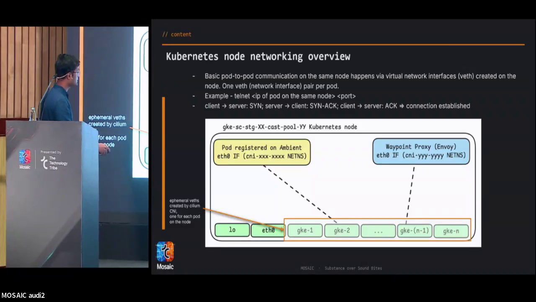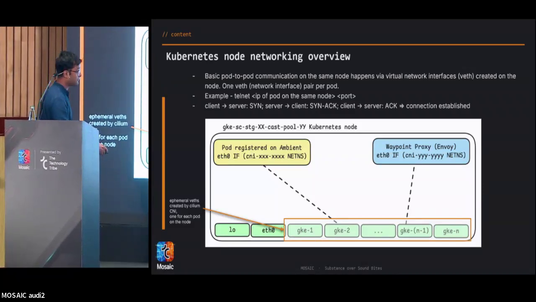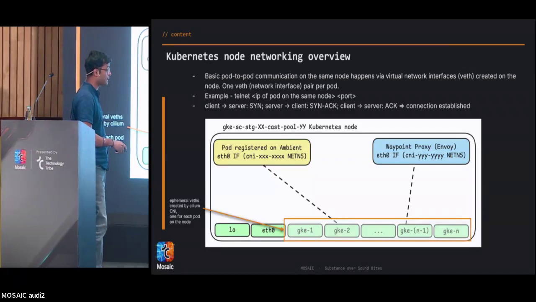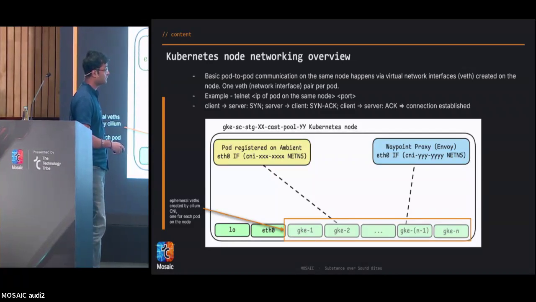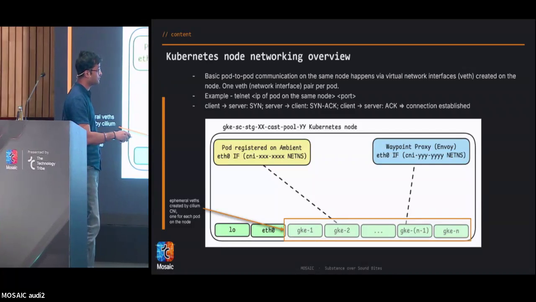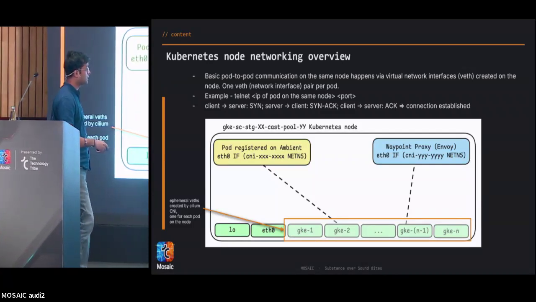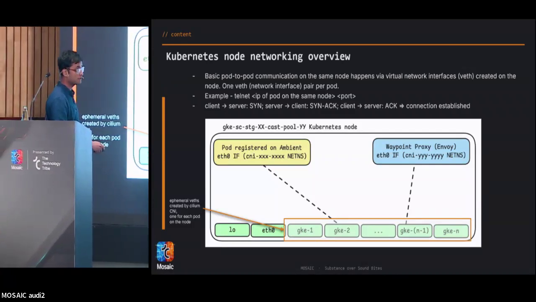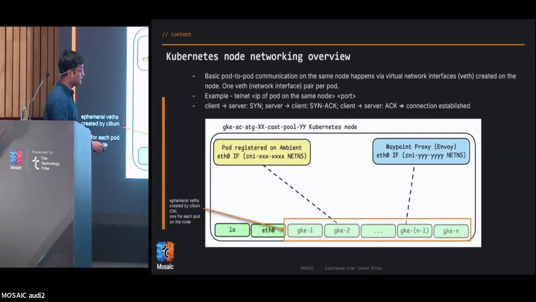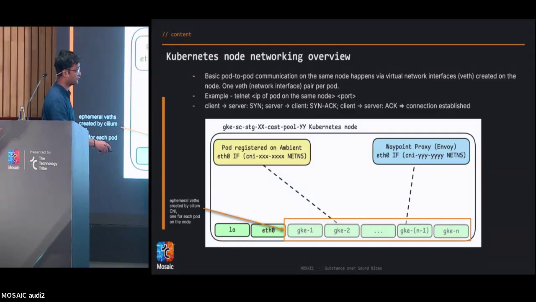And then Cilium does the heavy lifting of identifying, based on the packet destination, that if I am trying to reach a different pod on the same node, it will make sure that the packet ends up here by identifying the MAC address of this particular network interface on the same node.